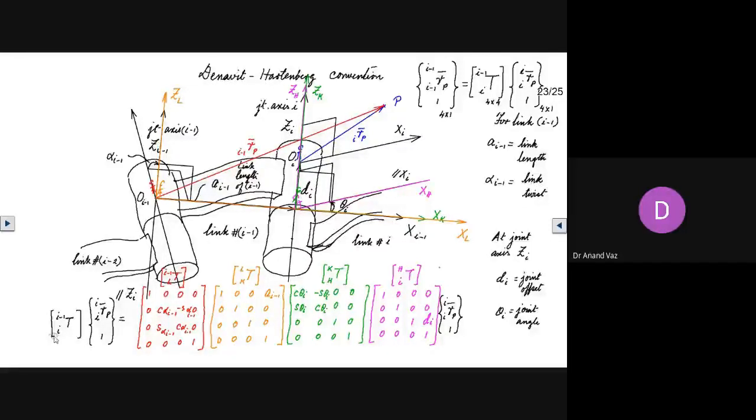Now this part is already here, and this. So this is the position of point P as observed and expressed in frame I minus 1.